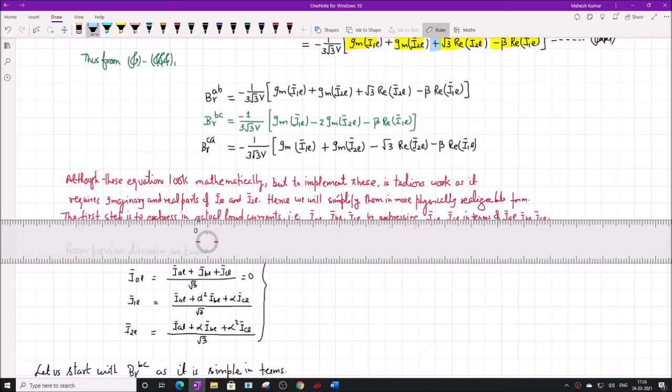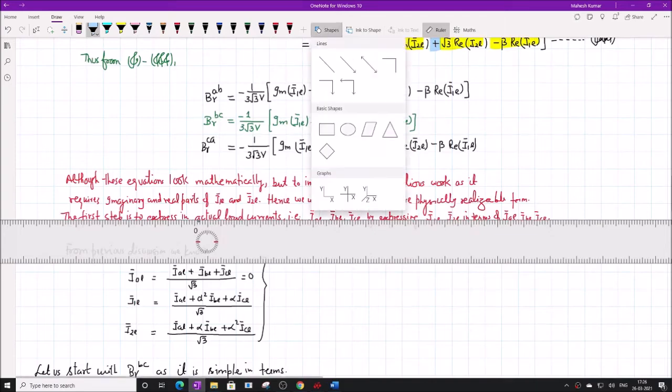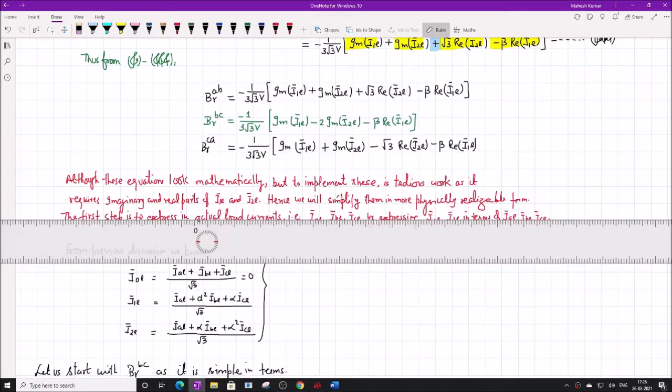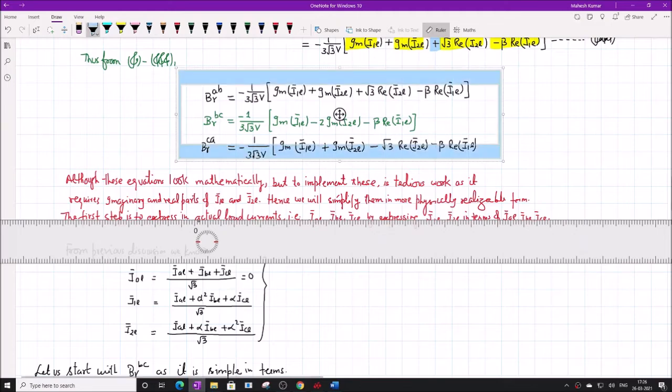So therefore now we have these three equations. All right, the B gamma AB and B gamma BC and B gamma Ca. These three equations can be solved to find out the compensator susceptances, B gamma AB, B gamma BC, B gamma Ca.